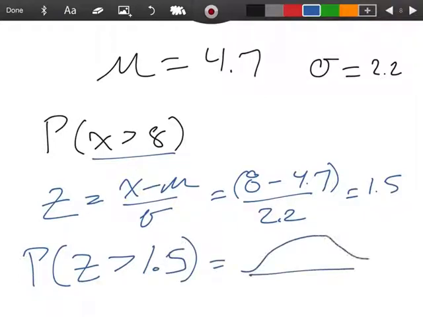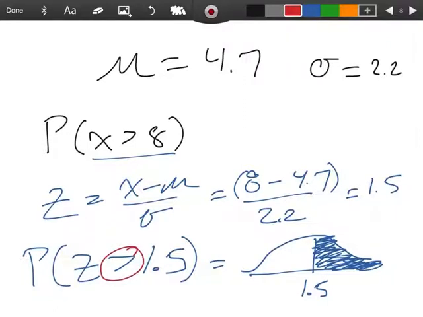So now we're looking for the probability that z is greater than 1.5. Okay, just to get an idea again of what my picture looks like. Here is 1.5. We're looking for the area to the right. And you might say, why to the right? Because it needs to be greater than, which is that way to the right. Okay. So again, how am I going to do this? I'm going to use my normal CDF.